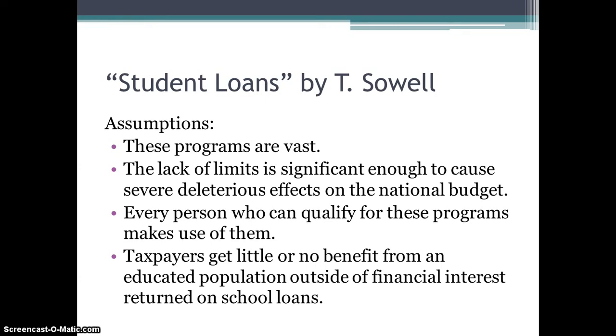He's also assuming that taxpayers get little or no benefit from an educated population outside of financial interests returned on school loans. And because he's an economist, he's of course focusing on the financial end of it. But unfortunately, because he's not giving us a lot of hard data, without doing a lot of research, what we need to do is stick with talking about the relationship between his logic, the assumptions, and the evidence.